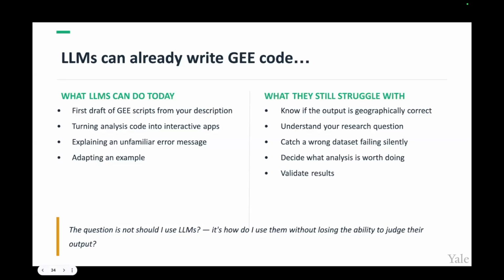Even if they could script flawlessly, if the datasets that you are using are incorrect, that's useless. This simple analysis is worth doing, and more importantly, validate the results. So the question is not whether you should use an LLM. It's how you can use it and rely on it without losing the ability for the fundamental stuff.